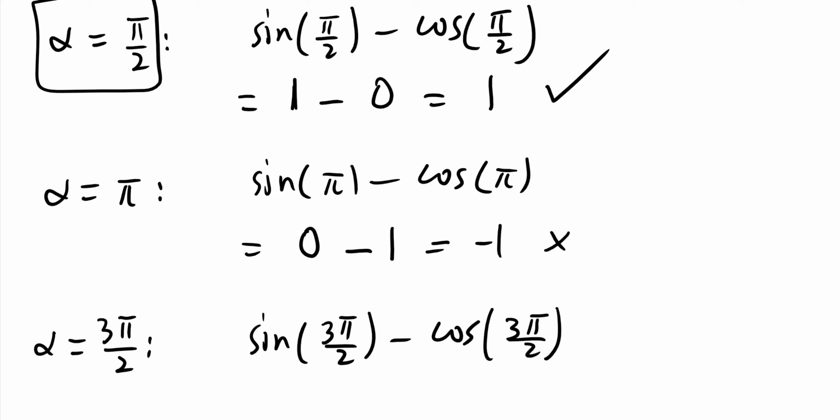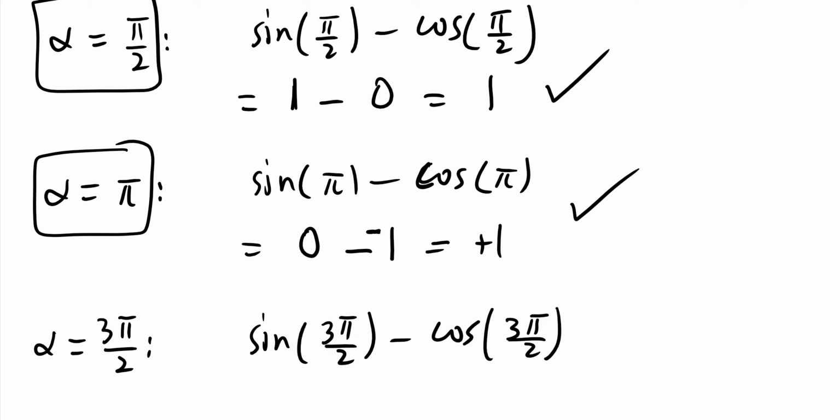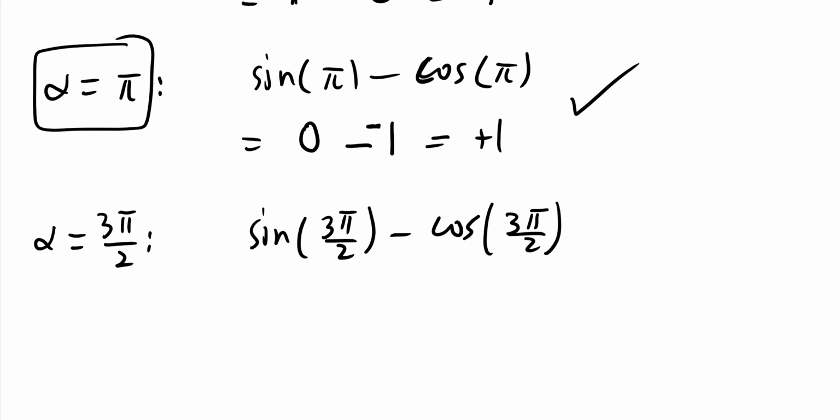Actually, wait. Cosine pi was negative 1. So that was a minus minus. So that's a plus. This one checks as well. So it's important to see that there are double negatives. So easy to miss. For this one, sine 3 pi over 2, which is 270 degrees, its sine is negative 1 and cosine is 0. So that gives us negative 1.